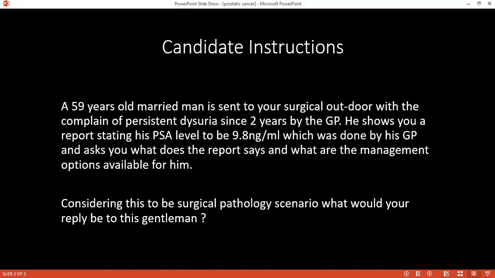Okay. Right. This same PSA after radical prostatectomy, 6 months later, comes out to be 3. What would you think? Could be the tumor was not all removed, or recurrence of the cancer.